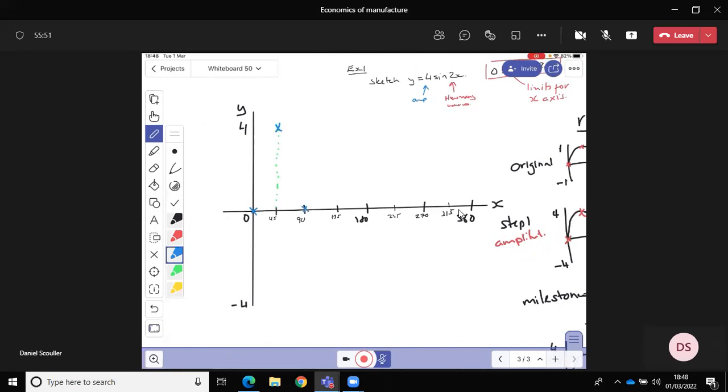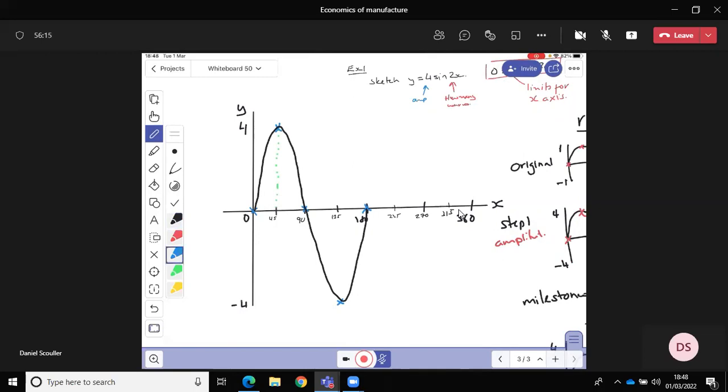I've got a minimum at 135, and then the wave finishes at 180. That's one full wave. So just drawing that in.